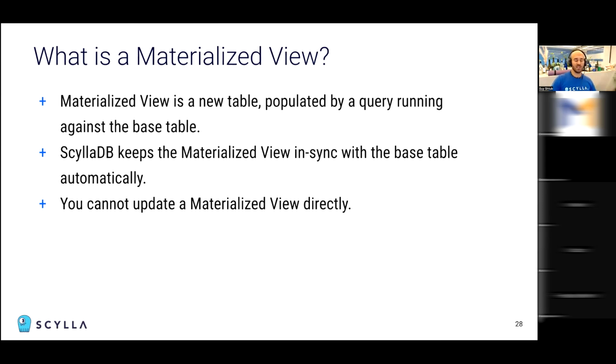So we have a base table, and we define a materialized view on the base table, and the database automatically takes care of updating the view according to what happens with the base table. Now, we as the application, as the user, can query both the base table and the materialized view. However, we don't need to and cannot update the materialized view directly.